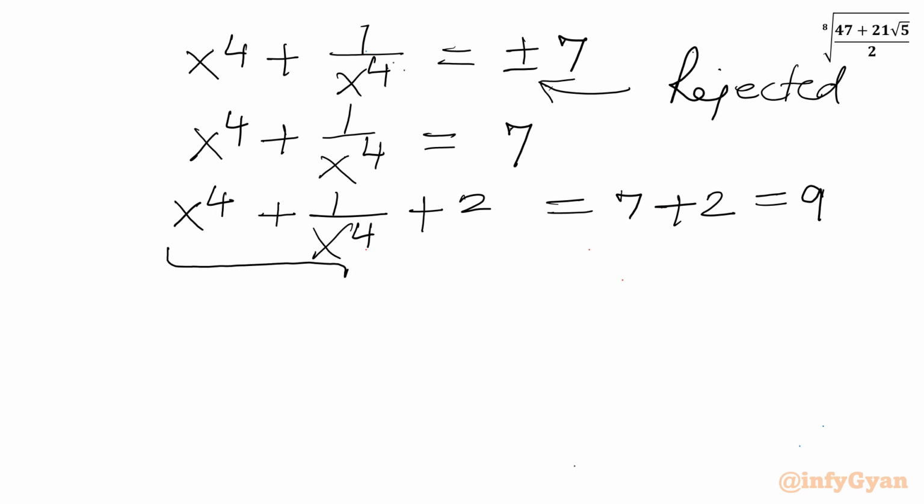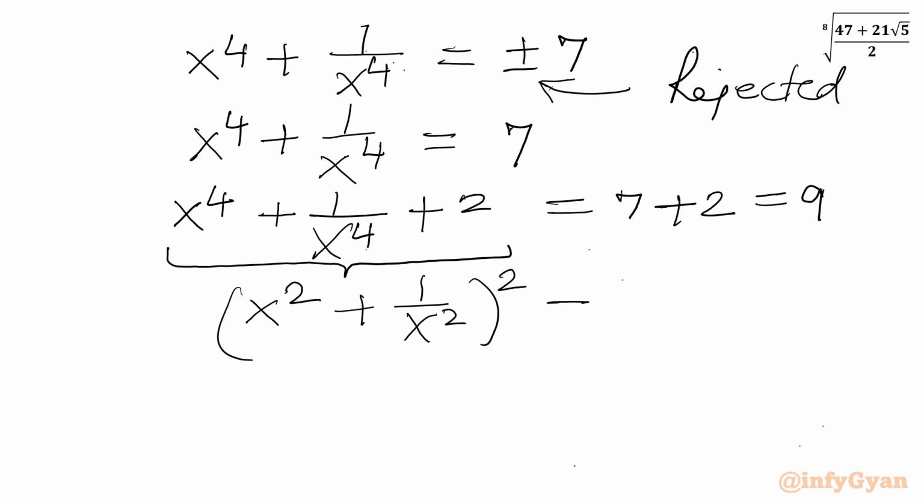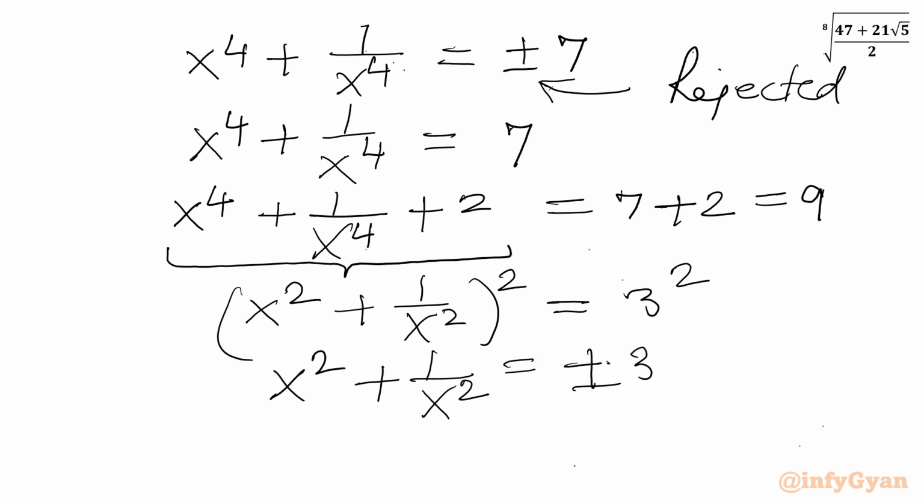So from these three terms, we can write again one perfect square of x square plus 1 over x square. And 9 can be written as 3 square. After taking a square root, I can write x square plus 1 over x square will be equal to plus and minus 3.